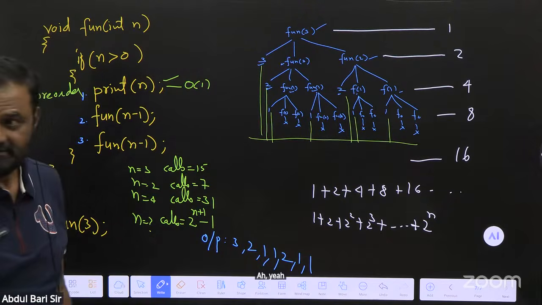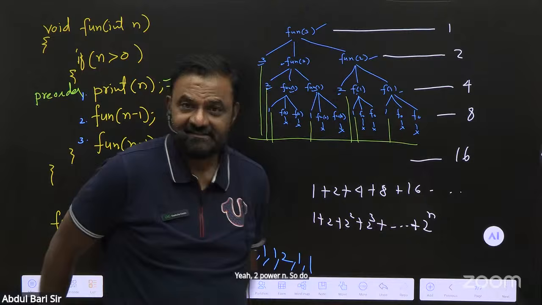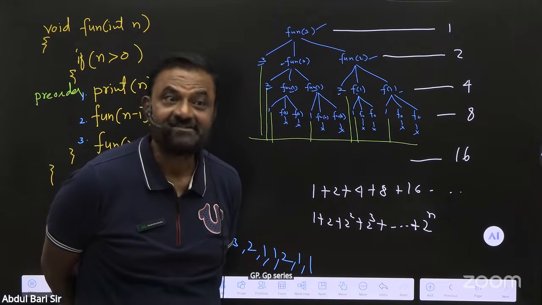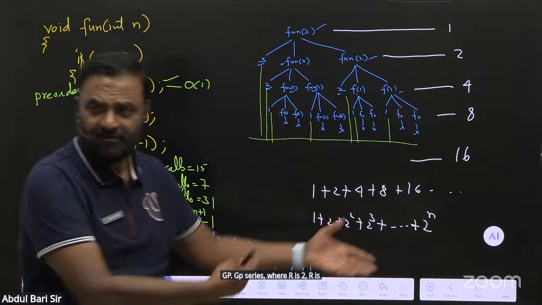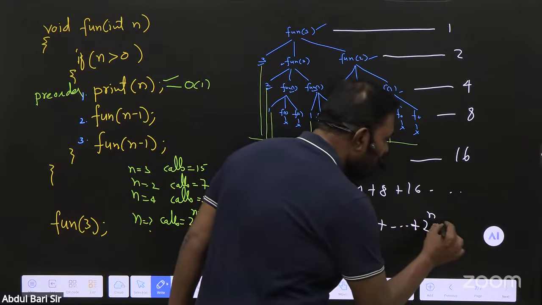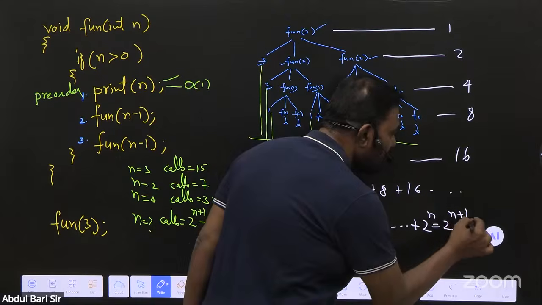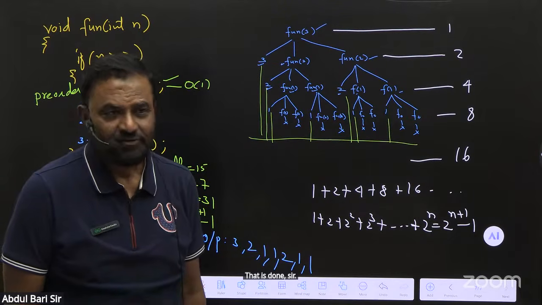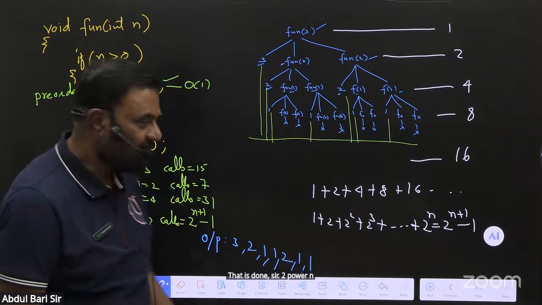Yeah, 2 power n. So do you know this series? GP series, where R is 2. So you know the sum of this GP series? That is the answer. 2 power n plus 1 minus 1 calls are made.